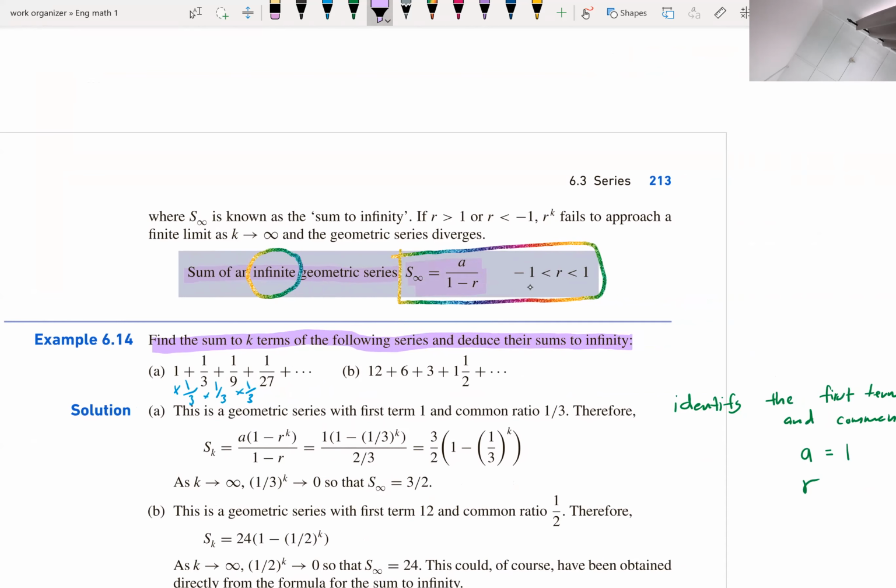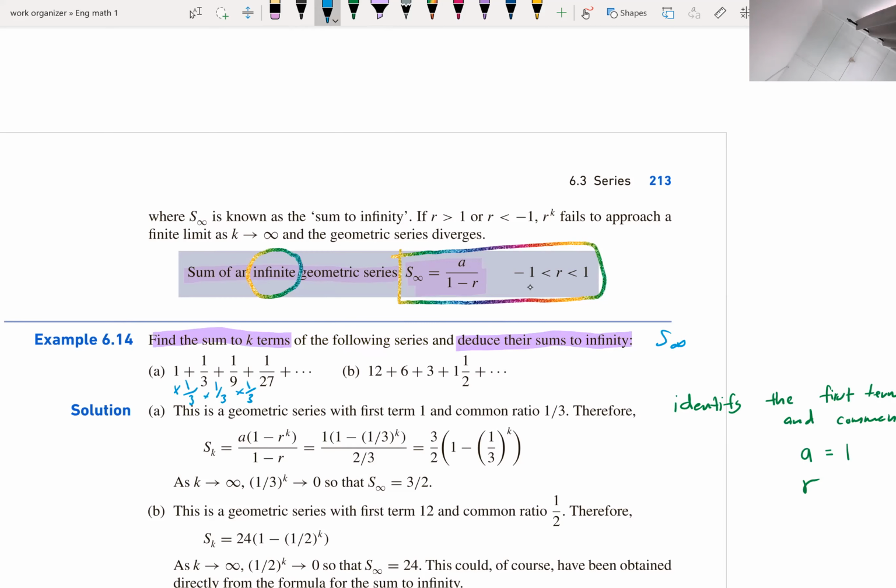Let's look at example 6.14. We have to find the sum to k terms of the following series, questions A and B, and reduce their sums to infinity, which means we have to find S infinity.